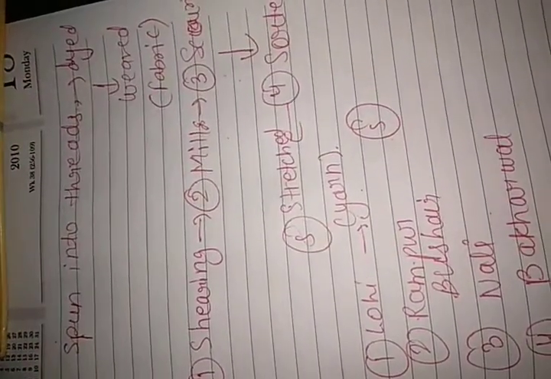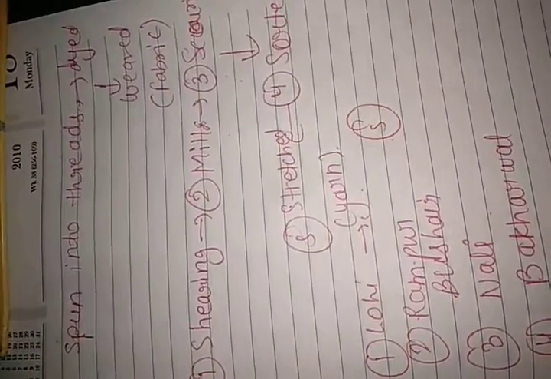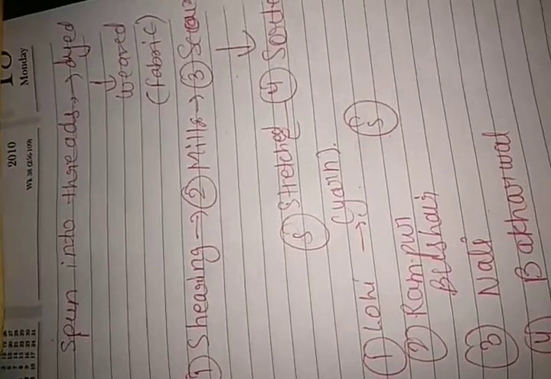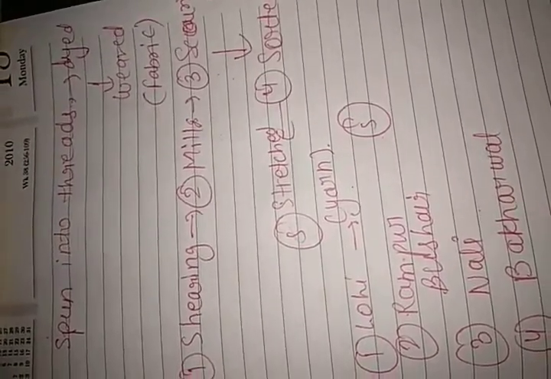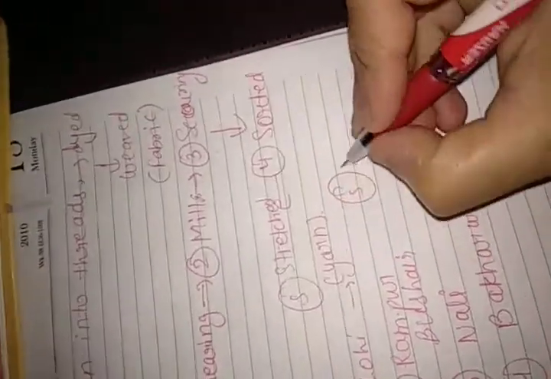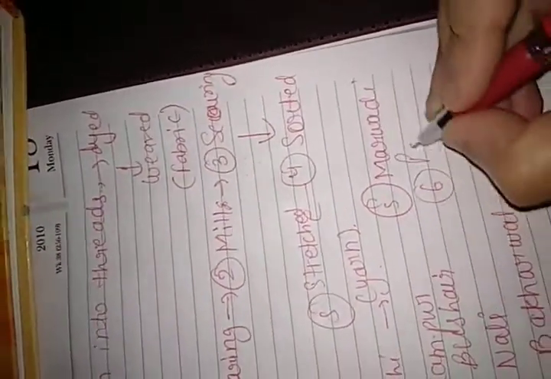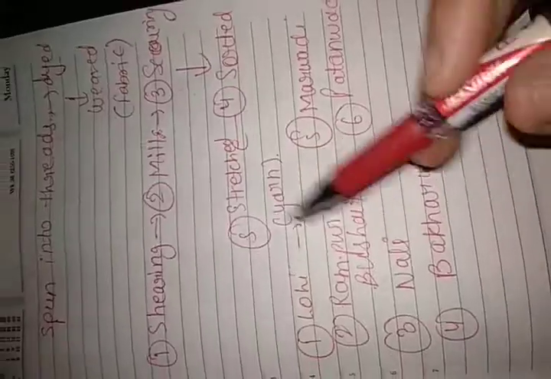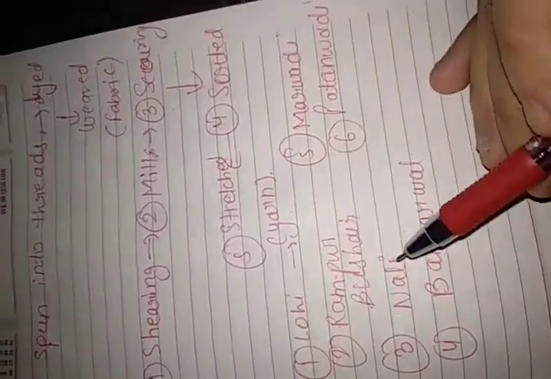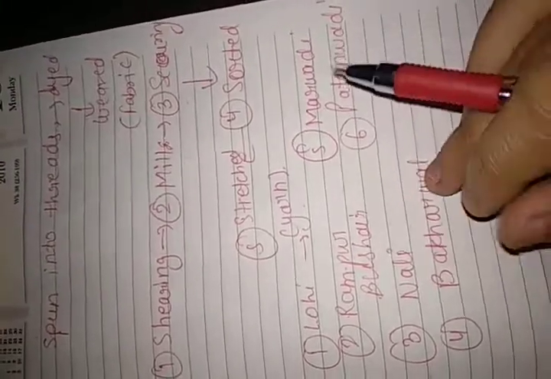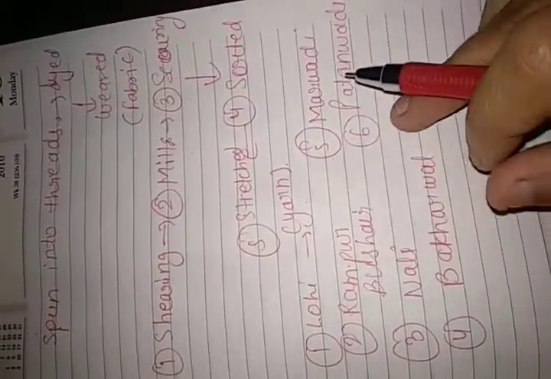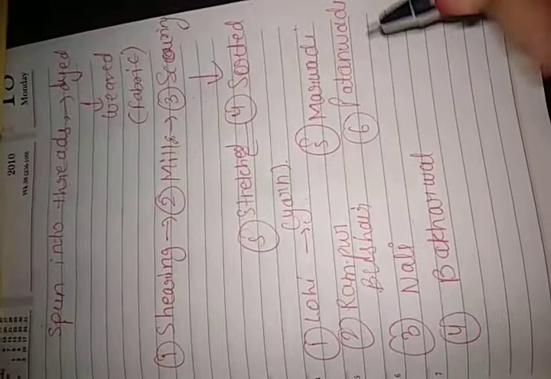Okay. After that there is a Marwadi. Marwadi is coarse wool which is found in Gujarat, and after that Patanwadi, it is also found in Gujarat. So maximum, if you see the table which is present in your book also, they are found in Rajasthan, Gujarat, Himachal Pradesh and Jammu and Kashmir.